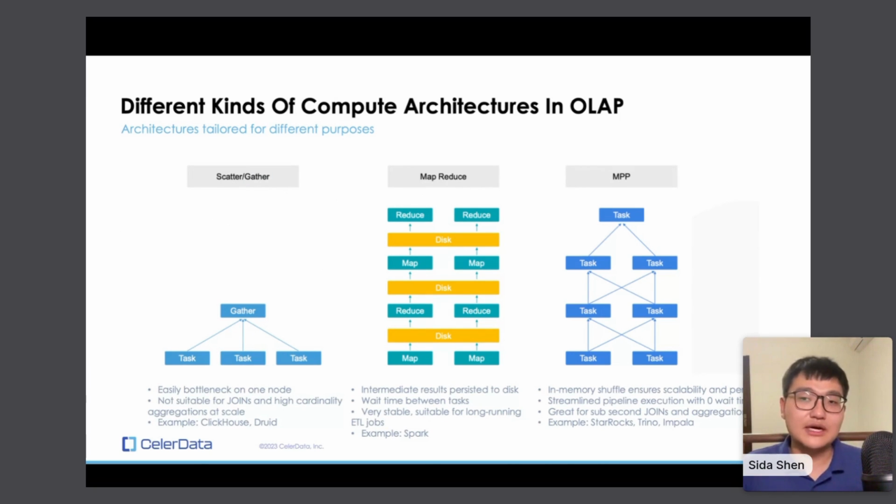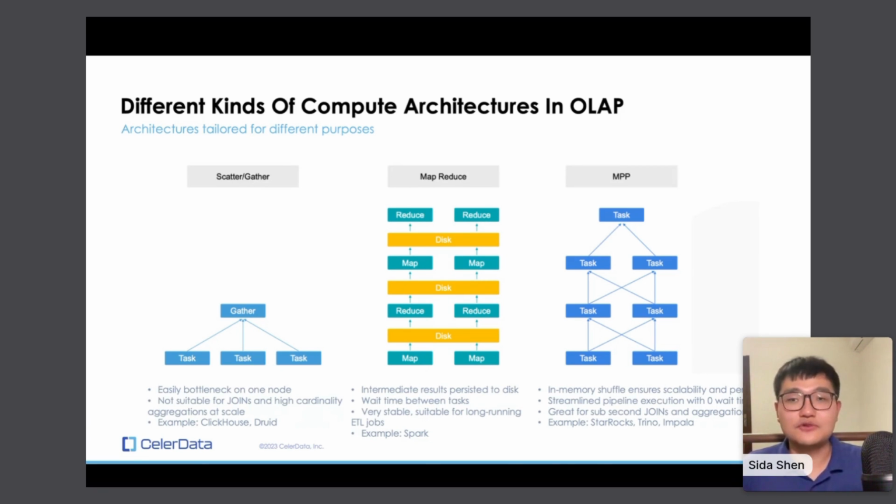Then we're going to talk about computer architecture, because there are different types of engines in OLAP that are good at very different things. Some of them are more suitable for low latency, simpler queries. Some are for complex queries that run for hours, and some are for complex queries that you want to run at the second level.